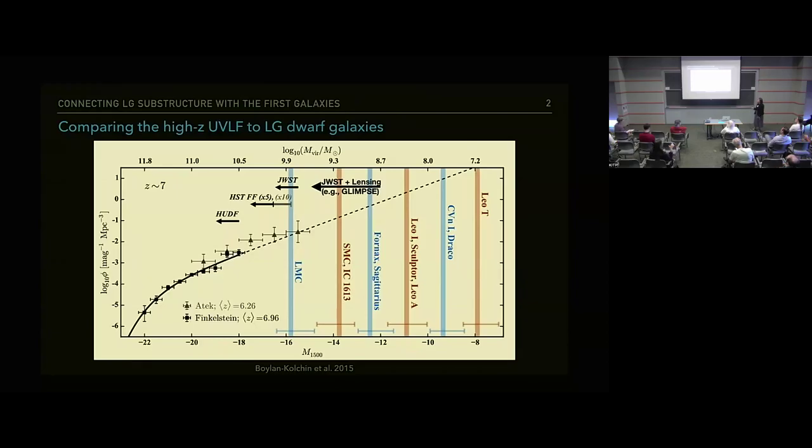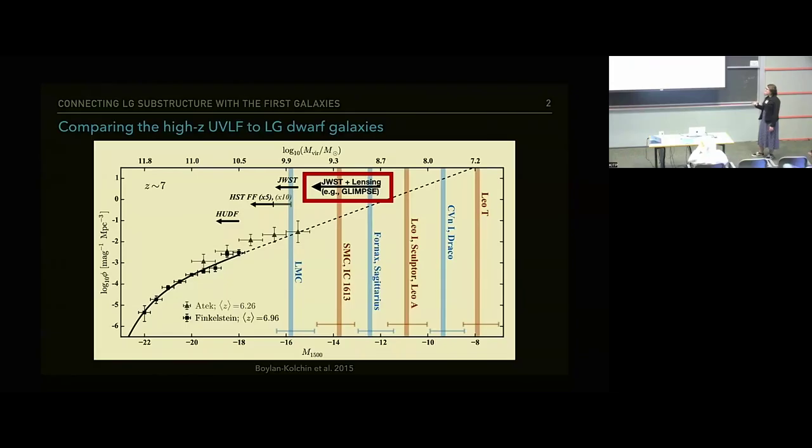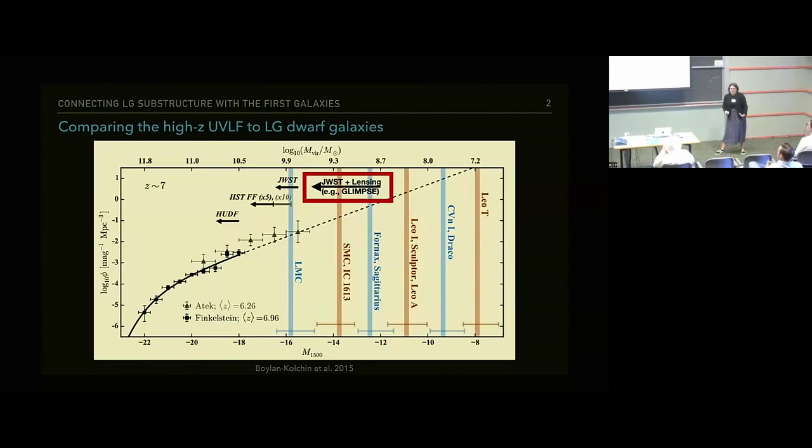It's slightly outdated now, so I've added a little annotation up here, but basically what this is showing you is that even with JWST, in the absence of lensing, you get down to about the luminosity of the LMC, so the most massive dwarf galaxy around the Milky Way at a redshift of 7, and we think that things that were very faint were responsible for reionizing the universe.